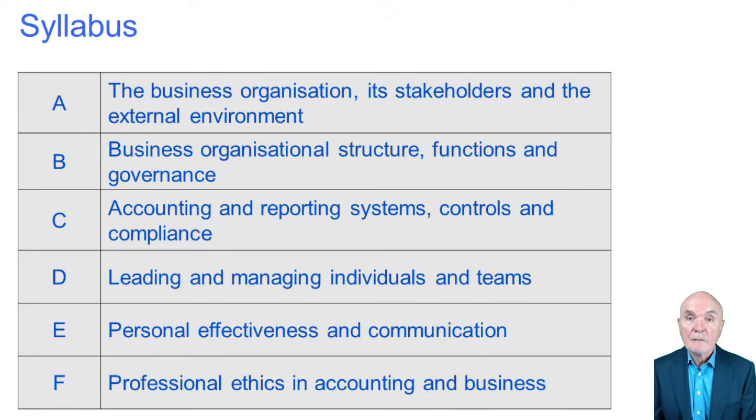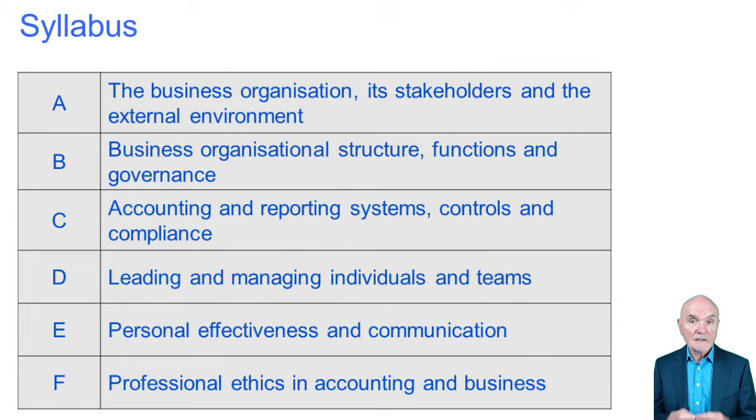There are accounting and reporting systems. It's very, very important that managers know factual information about the business. What were last week's sales? What are this week's costs? What profit have we made in this month? How many items of inventory do we have? What inventory needs to be reordered?